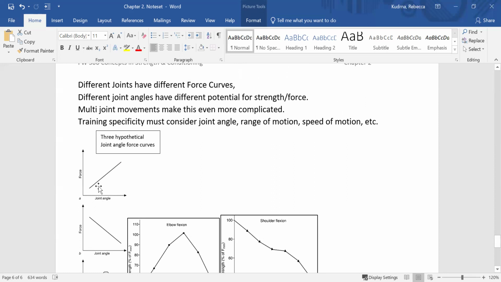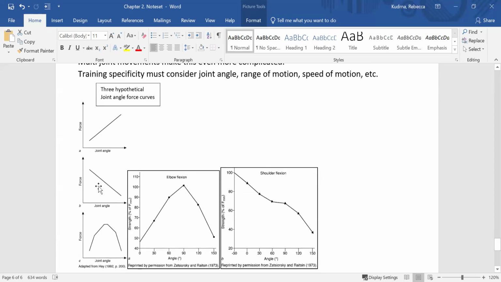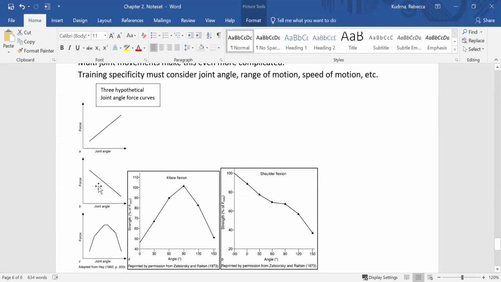And so over here on the side are 3 kind of theoretical examples. So here's a joint where as the joint angle increases, the force generation increases. So you start out with, maybe if this joint is at a small angle, you're very weak. And then as the joint extends or flexes, you just get stronger and stronger and stronger.